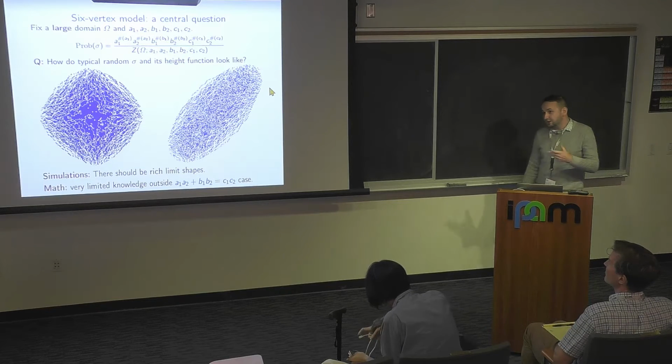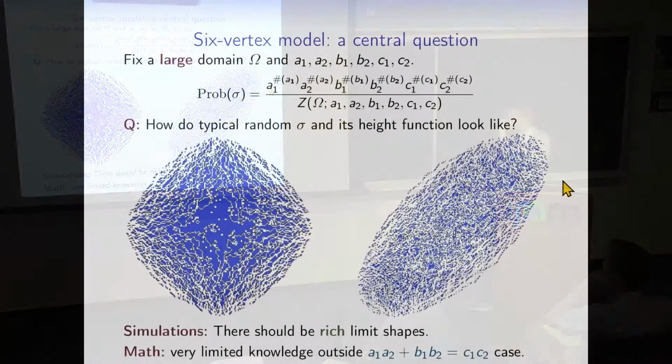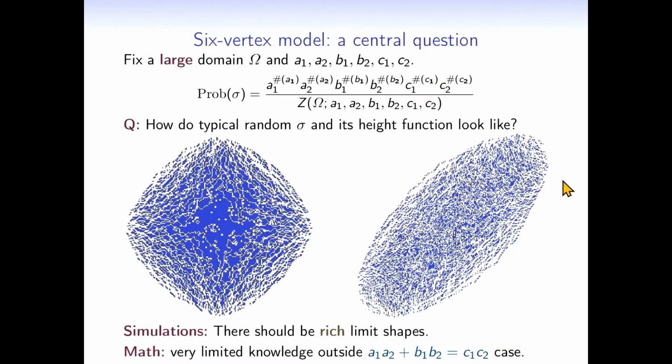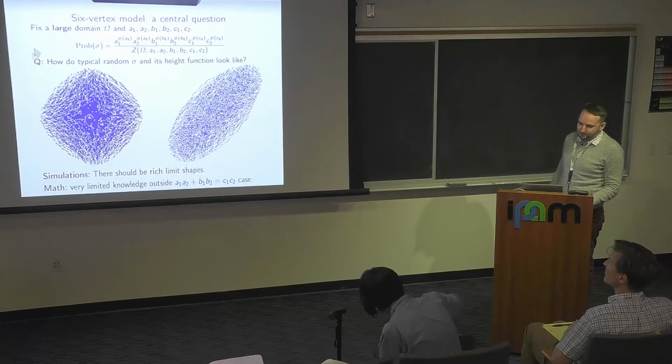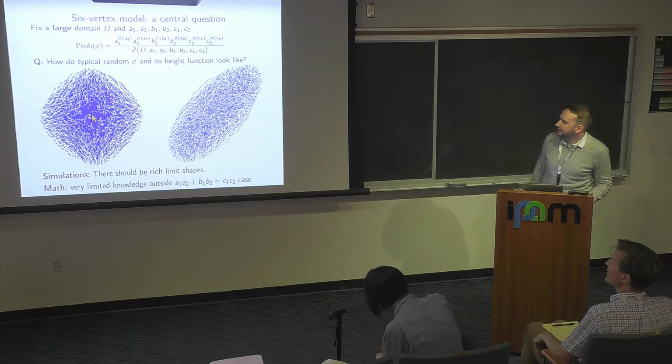Now, in general, simulations show that there is a very rich asymptotic phenomenology here. For example, this simulation is for our favorite domain wall boundary conditions, and what's shown in blue is, I think, maybe C-type vertices, and you see that they form some interesting shapes.